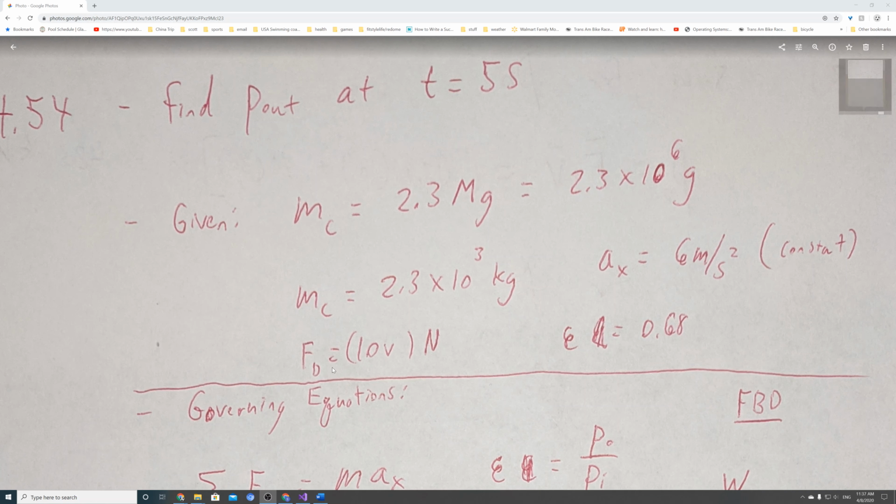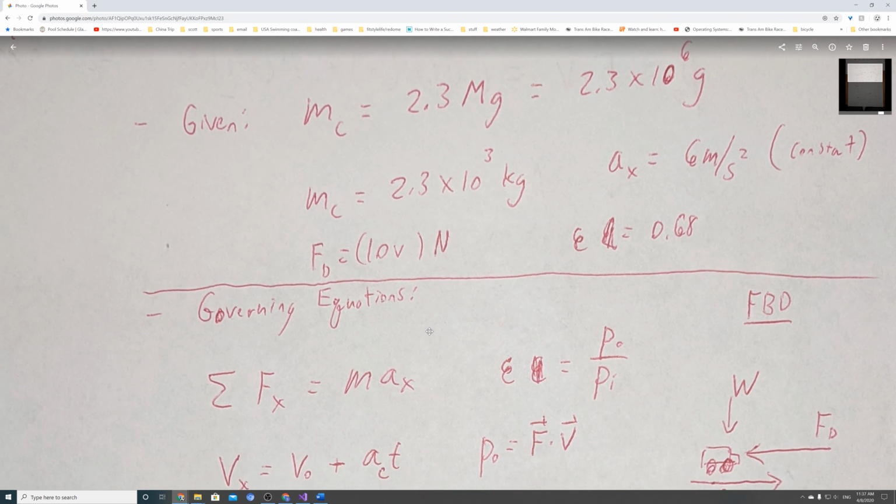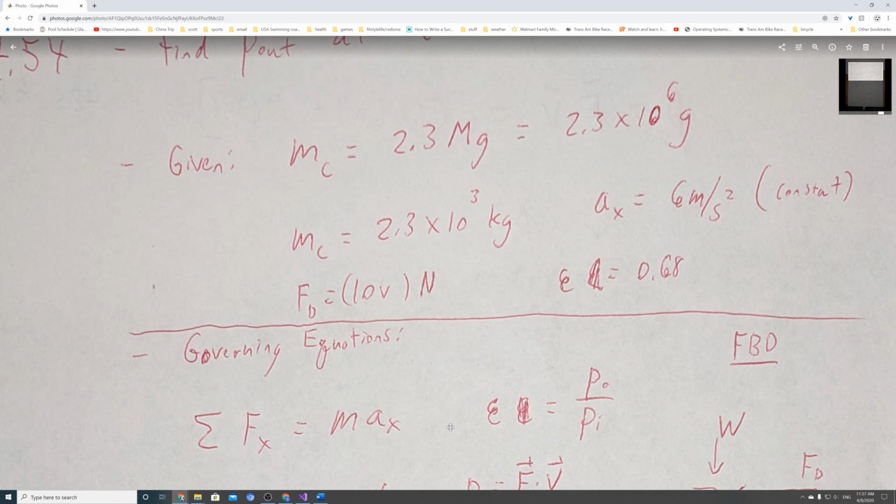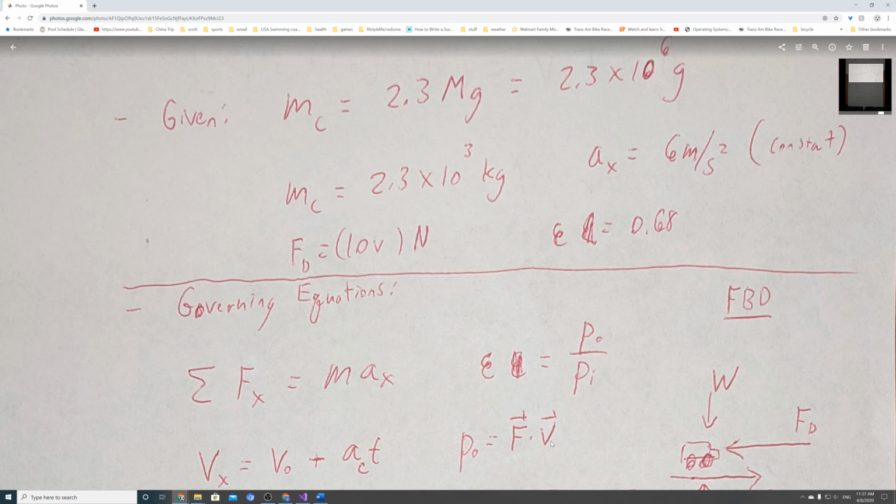We have our drag force, which is 10 times the velocity. And then we have our efficiency. In terms of our governing equations, we have our equation of motion, our efficiency, and our power output. So we know we're going to need these.